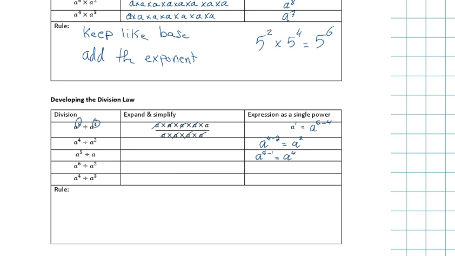The next one is a to the power of 4 again, because I have 6 take away 2. And the last one is a.